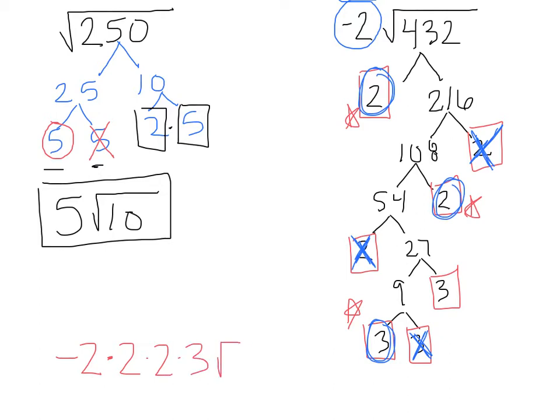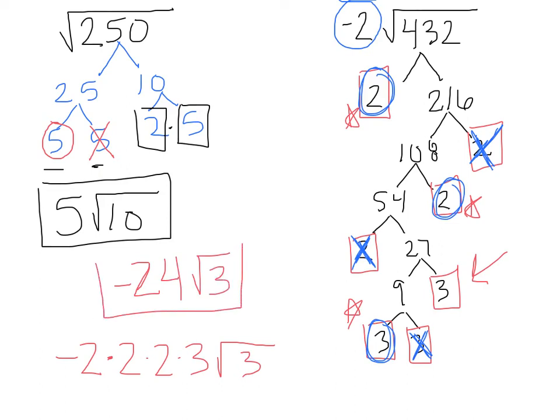And then left on the inside, the only number that's not circled or crossed out is this 3 right here. So it's going to be square root 3. So now I simplify this for my final answer. 2 times 2 times 2 times 3 would give me a -24 square root 3. And this would be my final answer.